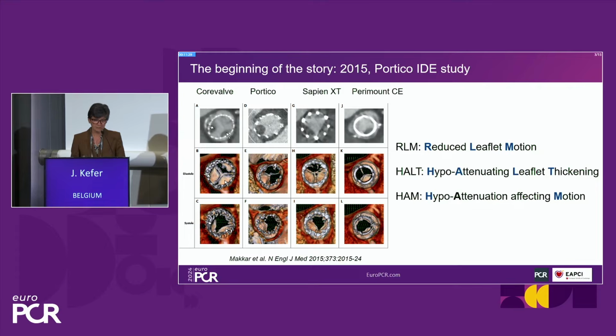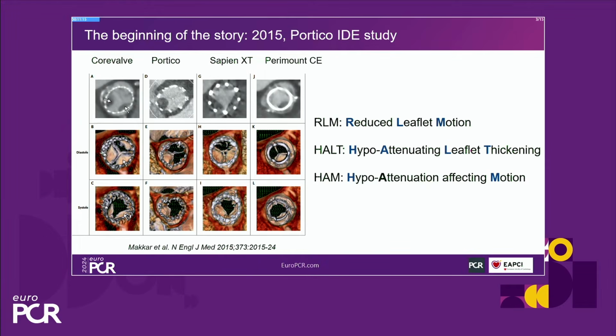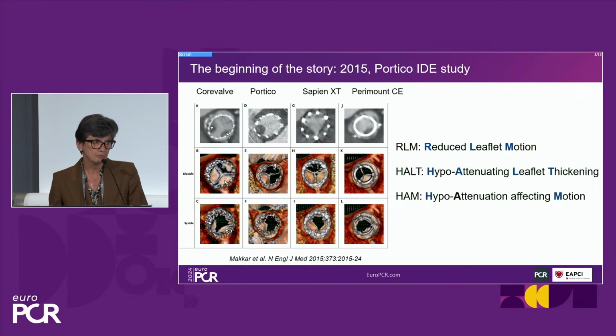And Makar et al. published this very nice picture with reduced leaflet motion, RLM, which was in fact renamed HALT, for hypoattenuating leaflet thickening, related to the CT scan appearance of this strange phenomenon. As you can see, it was seen in only one patient. The authors observed this HALT in all types of devices used in the study, even with surgical bioprosthesis.